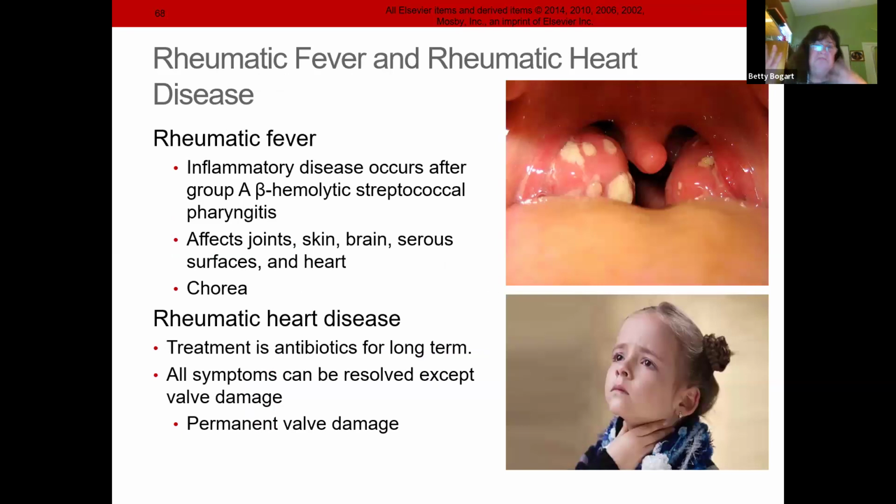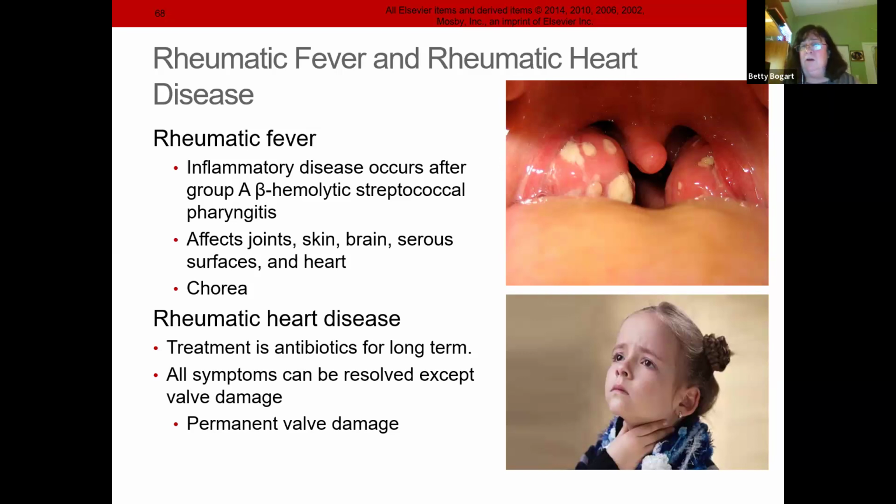Now, we talked a little bit about sore throats and mono, which is viral. Well, let's talk about strep throat, which is bacterial, right? Streptococcus is a bacteria and it causes strep throat. Kids get it all the time, right? They share it. It's just part of what they do. Now, if a strep throat isn't treated completely or they don't get treated, it can cause rheumatic fever.